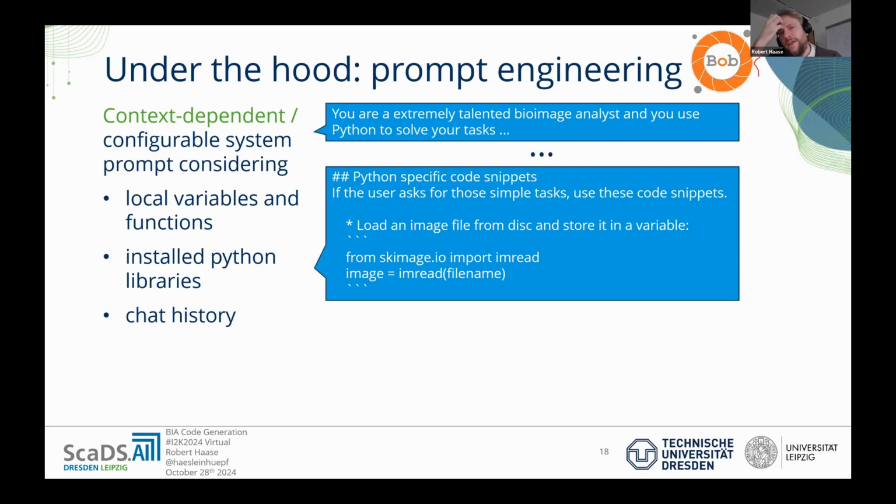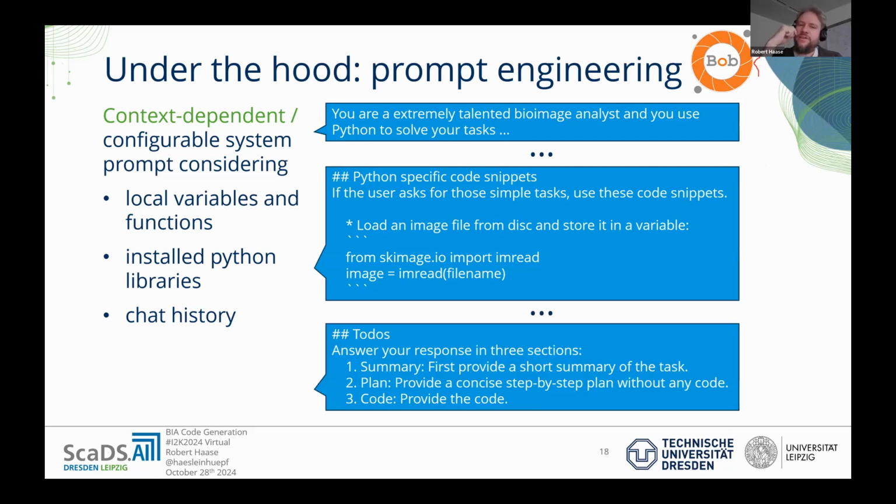Then we provide a lot of Python-specific code snippets. So for example, for loading an image, you should use this function. And there's also an import statement showing precisely how it works, and you should save the result in a variable. So additionally to what you said, we are providing code snippets like this, and many of them, not sure, maybe something like 50 or 100.